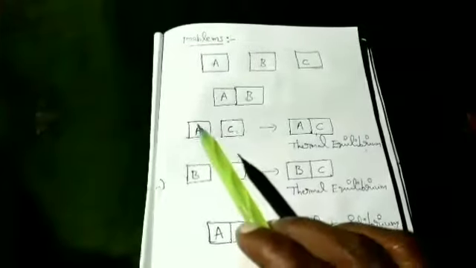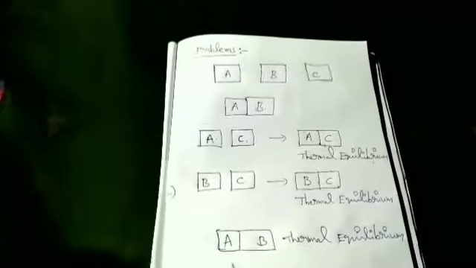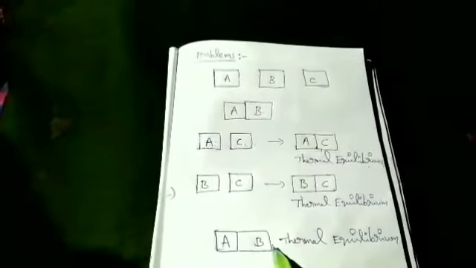Next, we take the bodies B and C. Now we place these two bodies also in thermal contact, then also heat will transfer and they reach the thermal equilibrium situation. From these observations, we can say that the bodies A and B are in thermal equilibrium with each other.